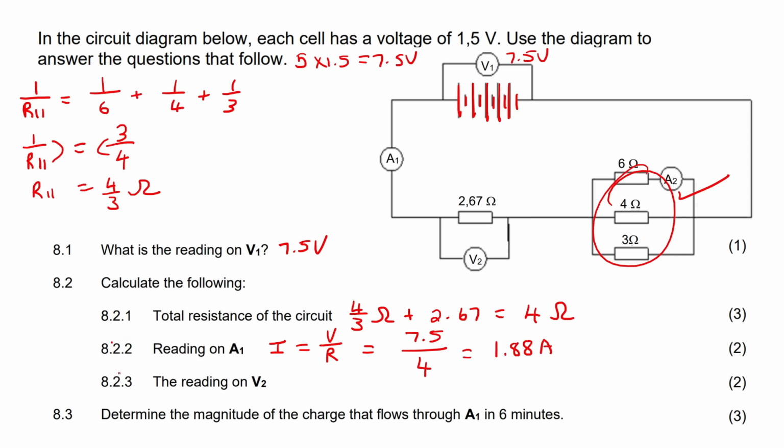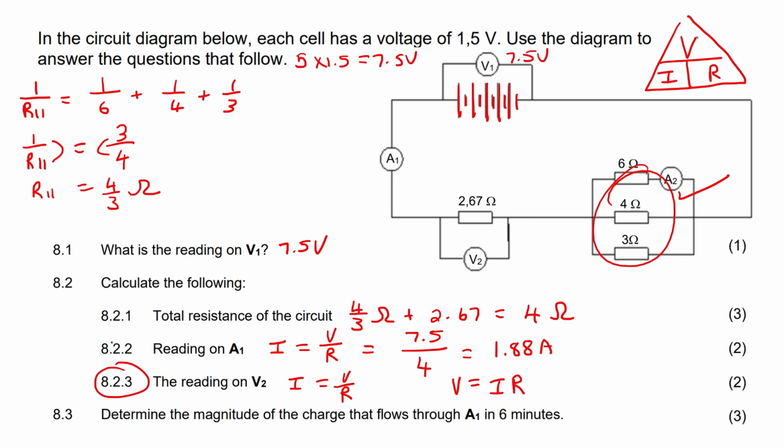Then this question says, what is the reading on V2? Now be careful, V2 is only for this part. We know that I equals V over R. If you get V by itself, you end up with V equals I multiplied by R. You've probably seen my triangles.